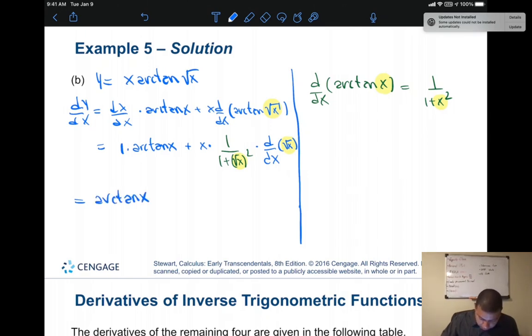And now the derivative of, so let me write this one first. It's 1 over 1. So the square root of x squared could possibly not be x, but because x is positive, just because we're taking the square root of it, it's going to be x.